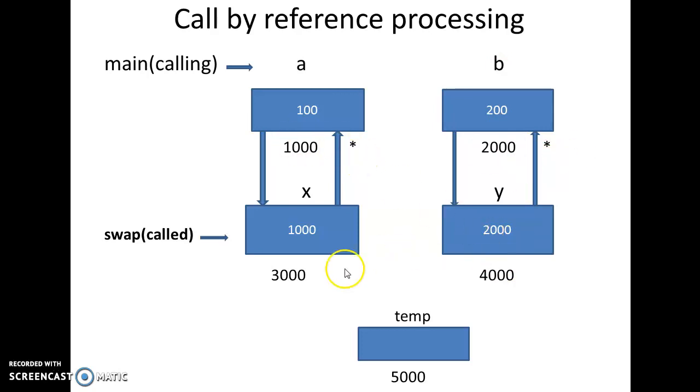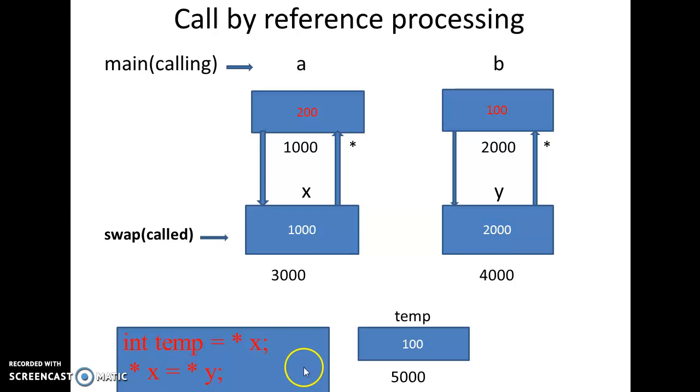They are located at different locations. Similarly, we can see that this is pointer x and this is pointer y. So simply a is nothing but *x and b is nothing but *y.